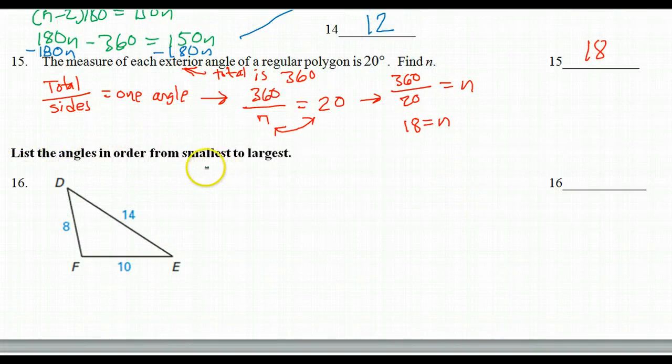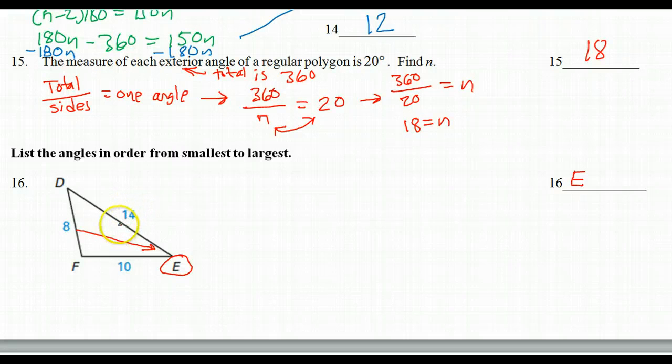List the angles in order from smallest to largest. Remember that the smallest side will always be across from the smallest angle. So 8 is the smallest side, so it will be across from the smallest angle. I'm going to start by listing angle E. Then the biggest side should be across from the biggest angle.